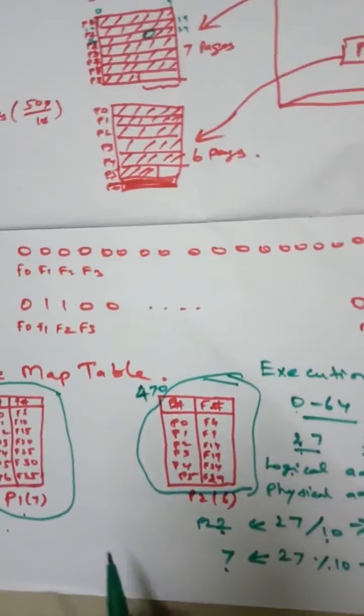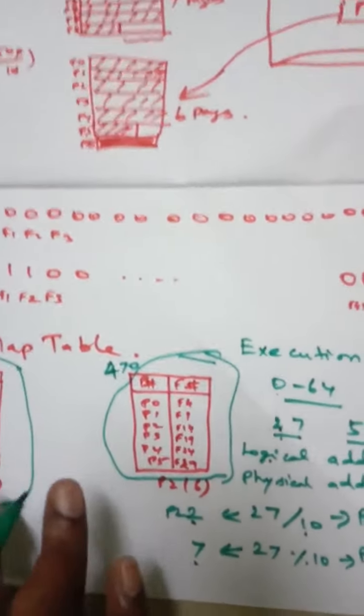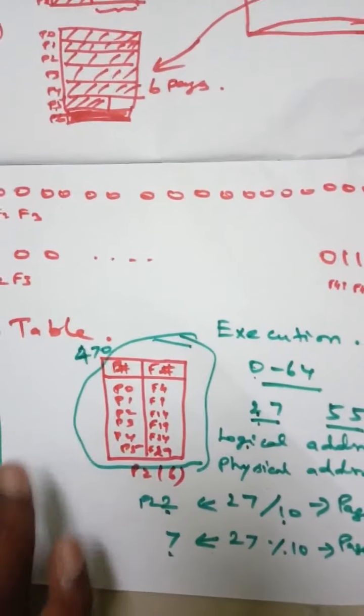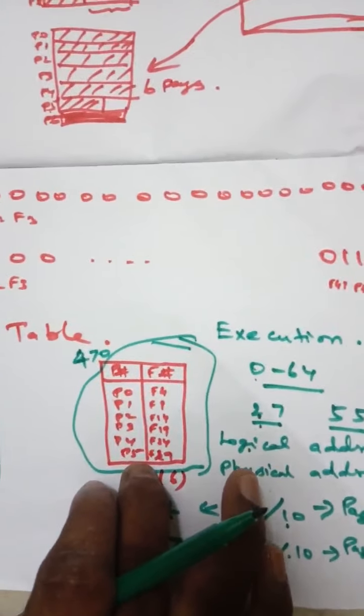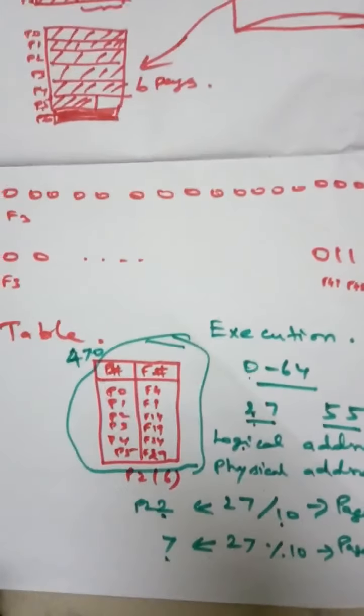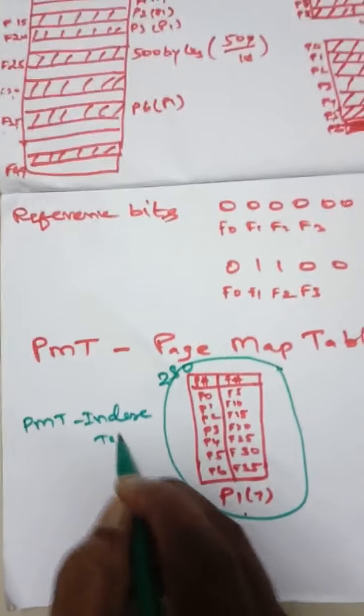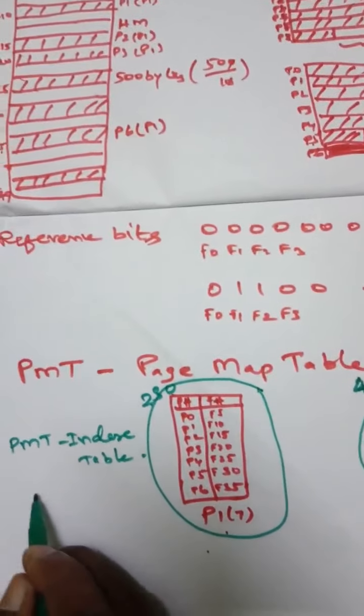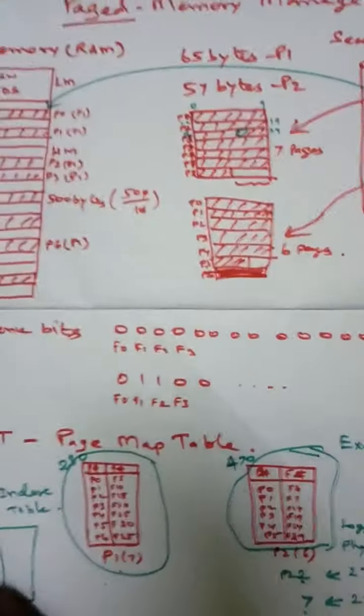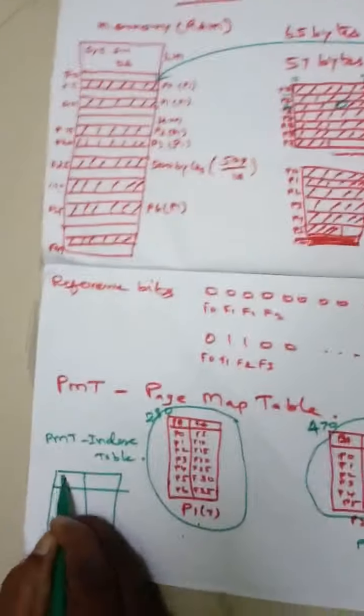Now in multi-programming there are two page map tables. So the operating system maintains another table, the page map table index table. It holds the program number and the starting address of its page map table.